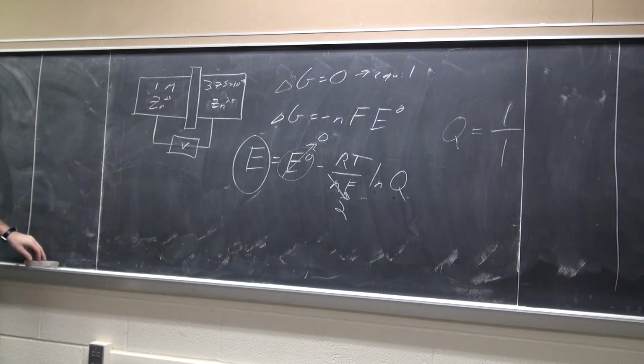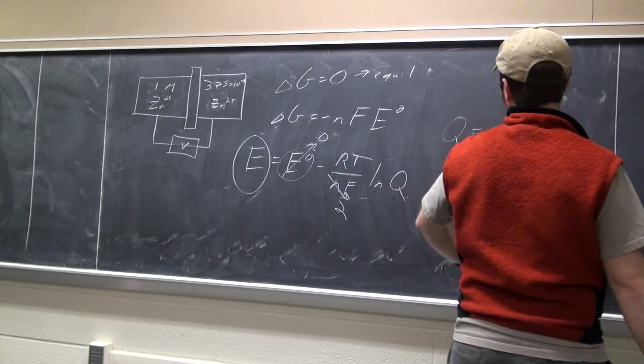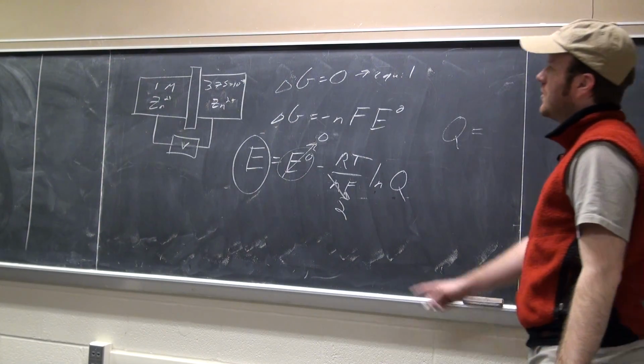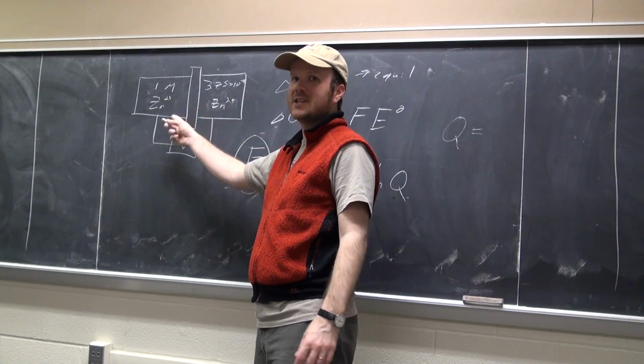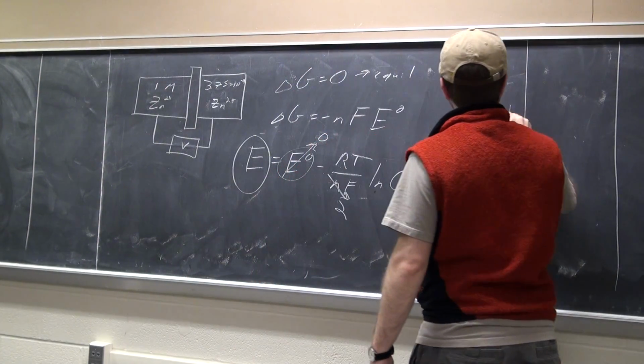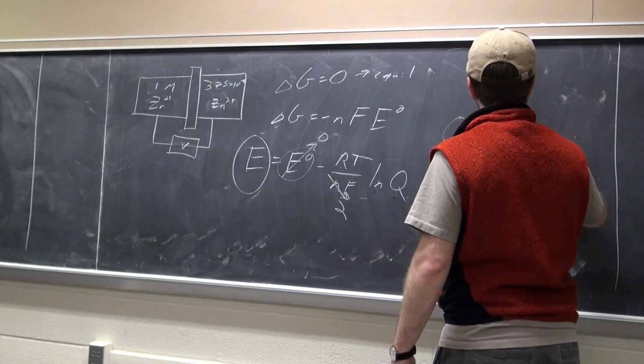What's Q? This is a little tricky. Q is just going to be one concentration over the other, and it doesn't, go ahead. 1 over 3.75 times 10 to the negative 4.